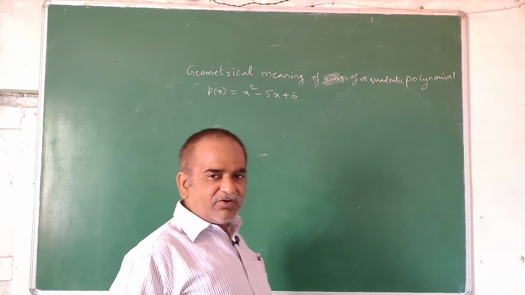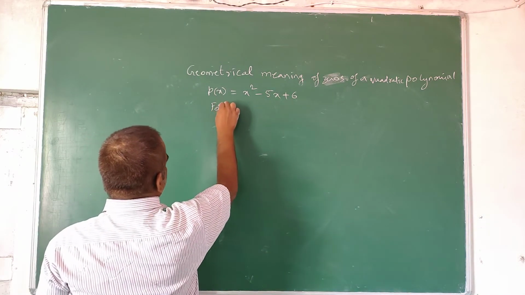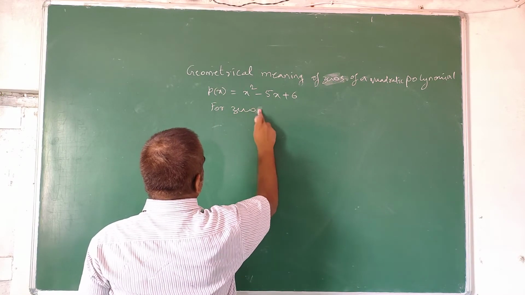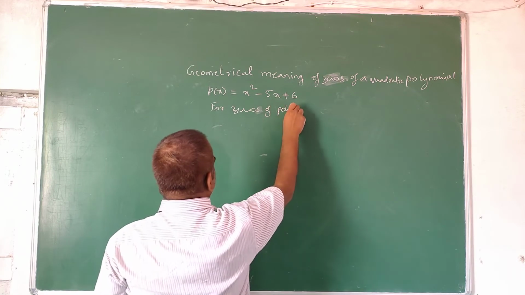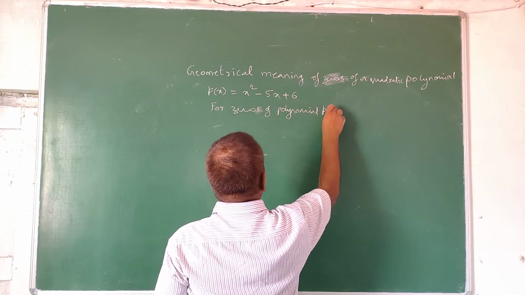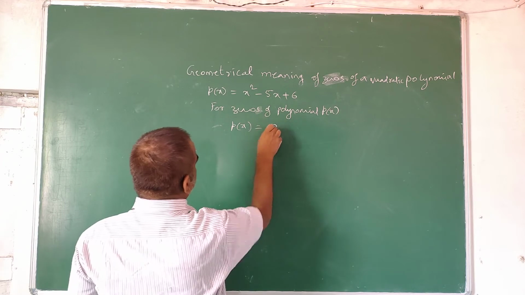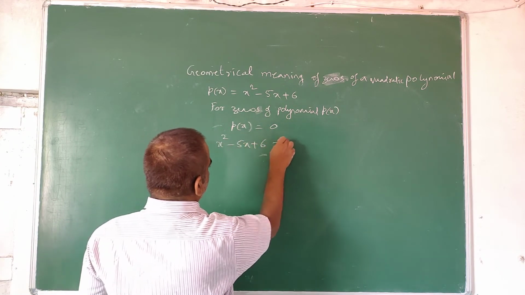Now let us find out the zeros of this polynomial. So for zeros of polynomial p of x, p of x is equal to 0, then x square minus 5x plus 6 is equal to 0.